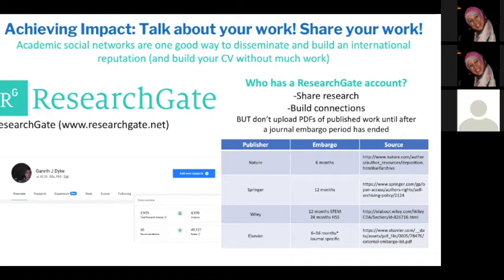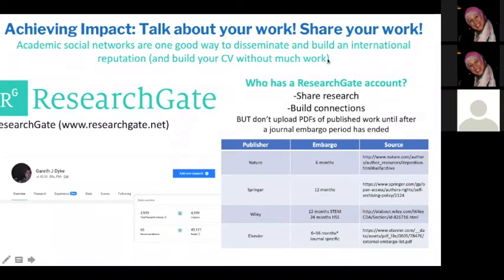So after 6 months has passed, you're able to put the final published PDF of your paper onto your ResearchGate account. Springer, 12 months. Wiley, depends on the area, but 12 months for STEM disciplines, 24 months for humanities and social sciences. Elsevier has a range of embargo periods, but these are often journal specific. So don't make the mistake of building a ResearchGate page and putting up your published PDFs. You may have to wait until after the embargo period has cleared at the journal where you've published your paper.